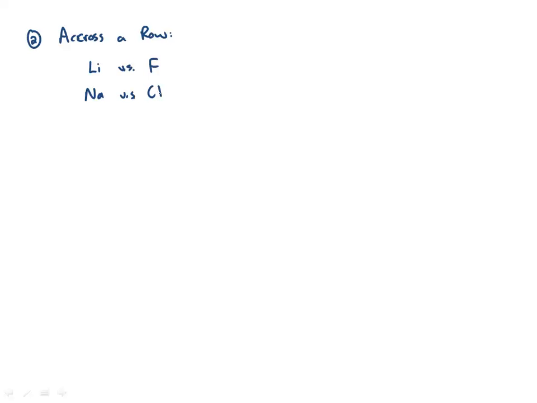So think about what's happening as you go across a row. So there's sort of two things happening. We're increasing the number of electrons and we're increasing the number of protons. And so what happens is the increasing number of protons increases the attractive force, right? That was our Z actual, sorry.